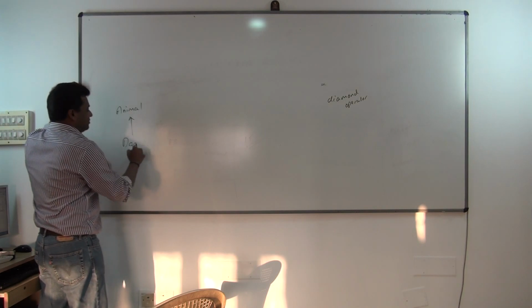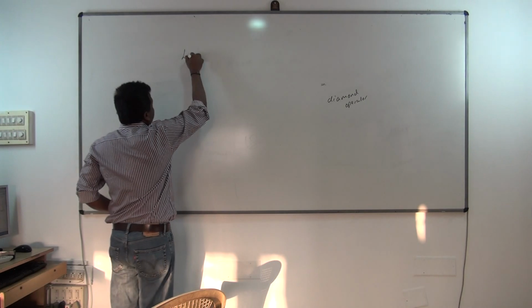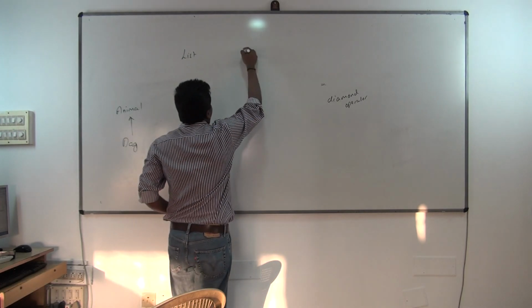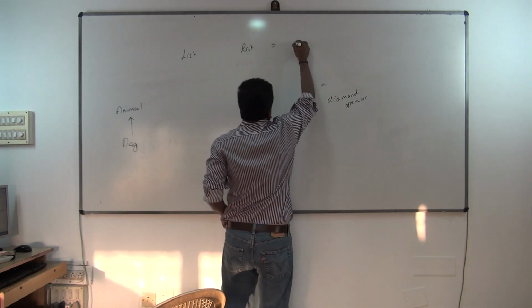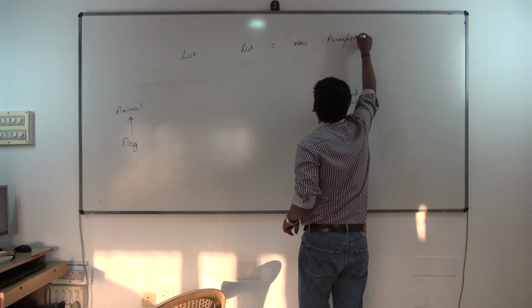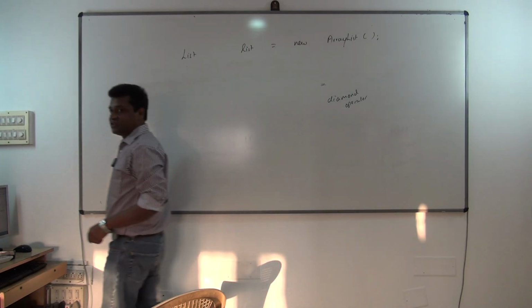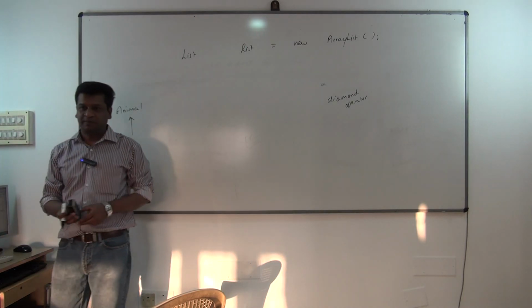There are two classes now. Dog is extending what? Animal. So see this now. A List. Generally we say List equals new ArrayList. Yes, valid code. Why? Superclass can refer to a subclass object. This is possible.